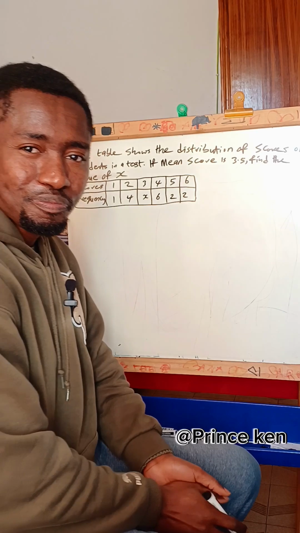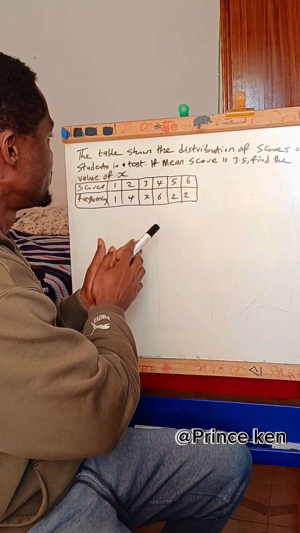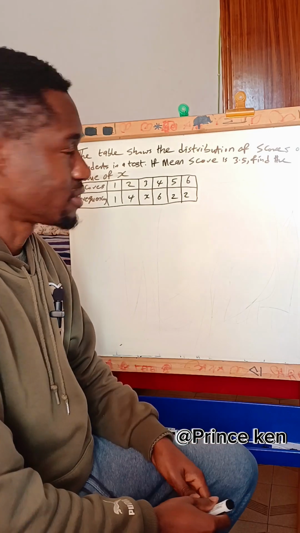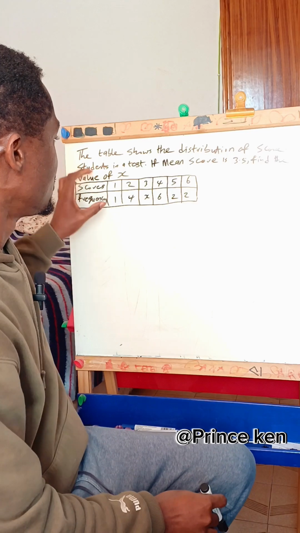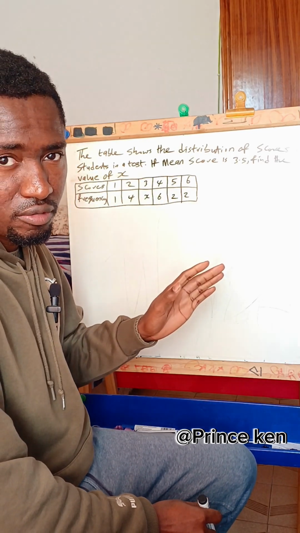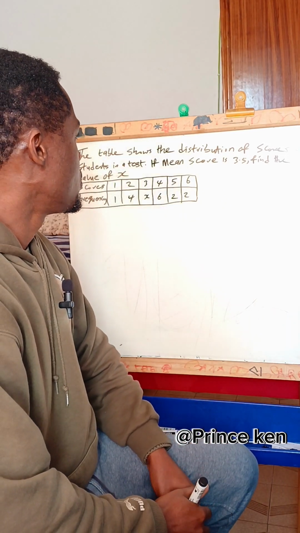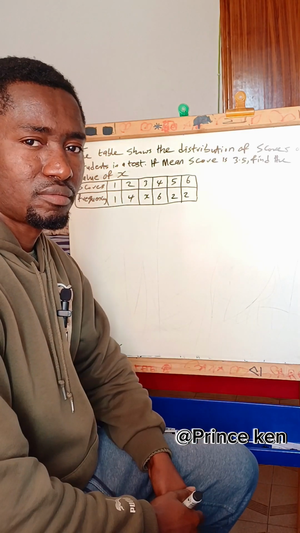Hello everyone. You see, this mathematical problem has been a very great challenge to some students. And I'm here to show you guys how to solve this math very easy and simple. You know, mathematics is the easiest subject.